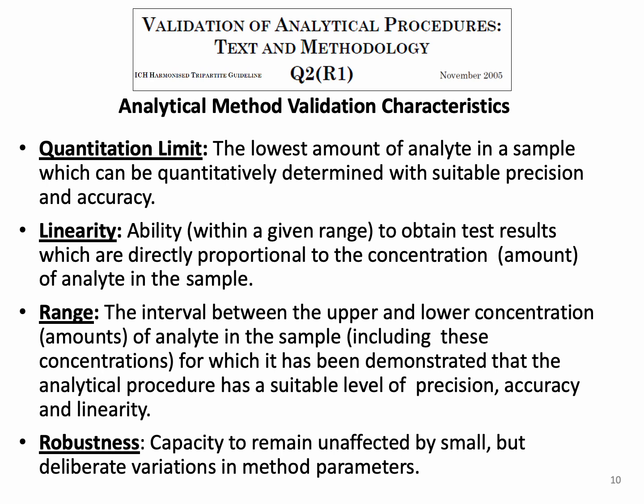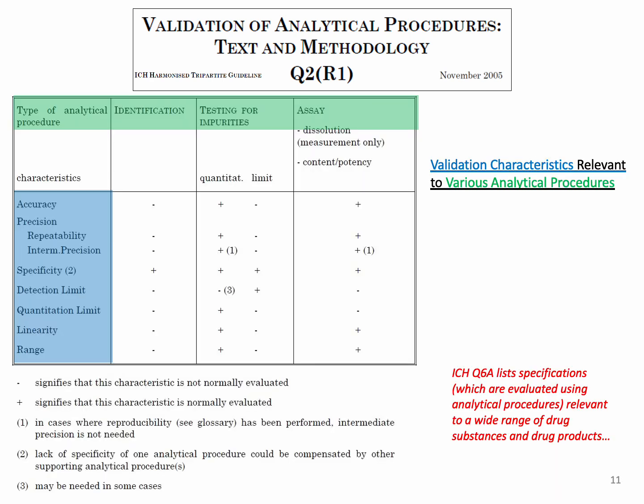We have the range, an interval between the upper and lower concentration of analyte in the sample. We also have robustness, which is the capacity to remain unaffected by small but deliberate variations in method parameters. So now here we are again going over the information that we can find from ICH Q2(R1).